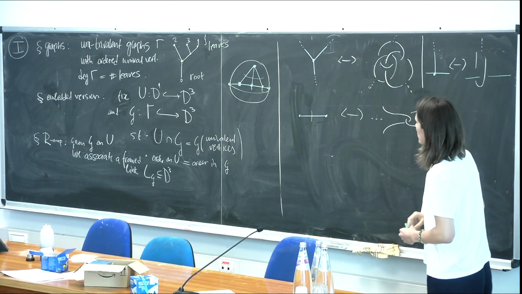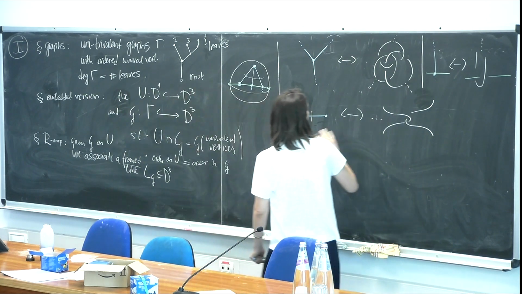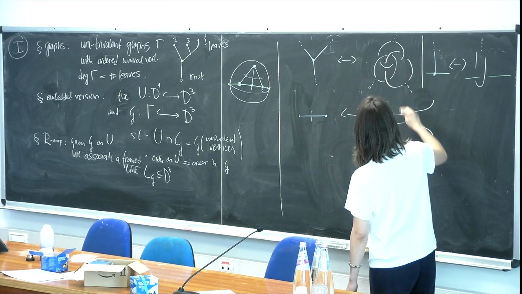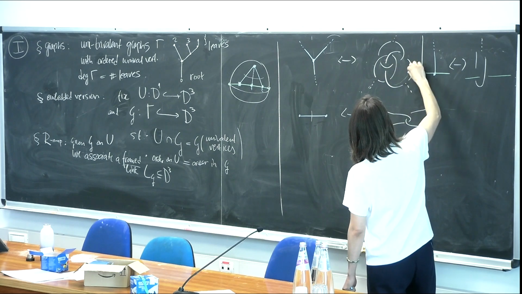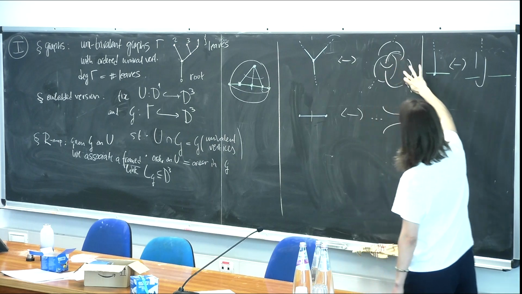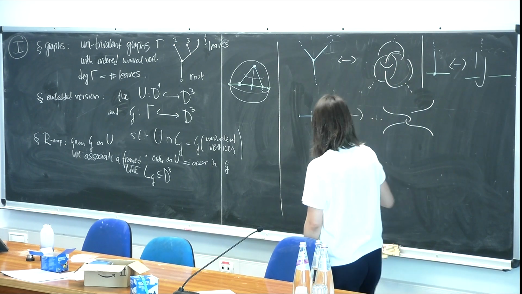Okay. And so I said this is also a framed link. So what I'm also going to use here is blackboard framing, right? Blackboard framing means whatever I drew here, you can also draw a parallel push-off in the plane, and that determines your framing for your link, okay?